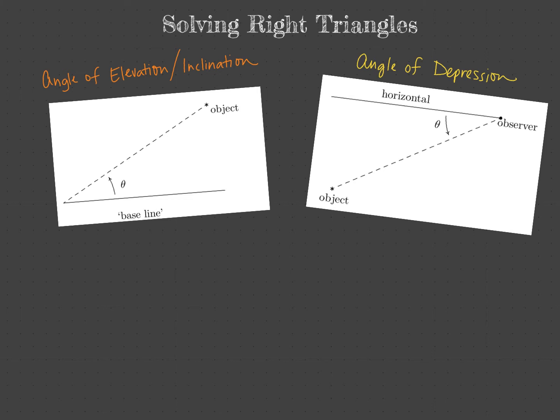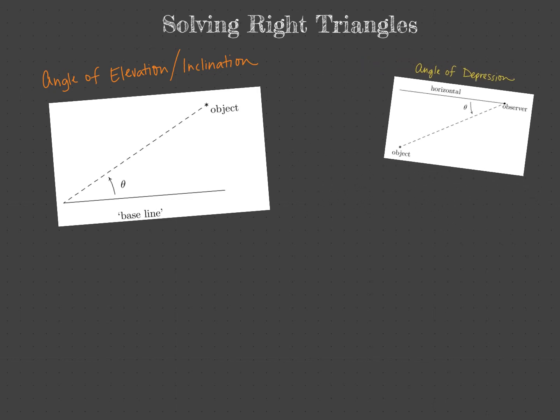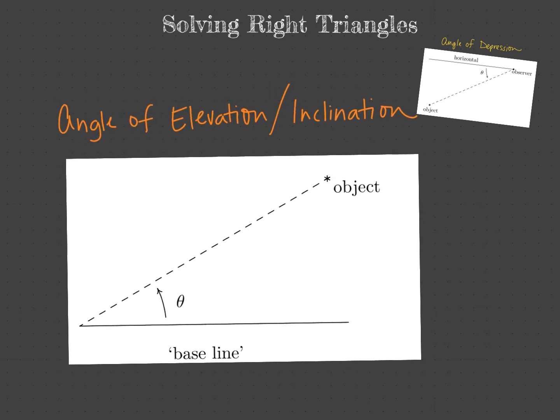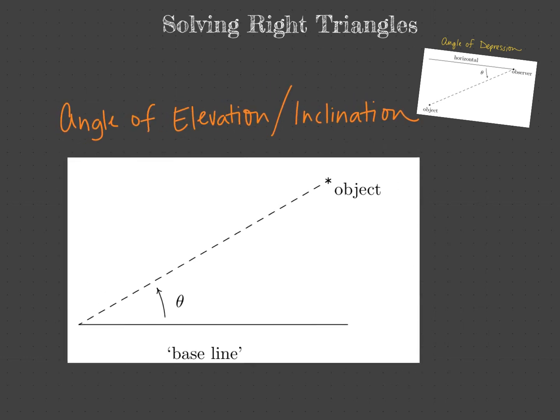Next up, we're going to take a look at some vocabulary that can help us with solving word problems and real-life applicable problems using trigonometry. Let's take a look at these different types of angles that can be used to describe angles in a situation. The first one is called the angle of elevation, or sometimes known as the angle of inclination. It is going up.